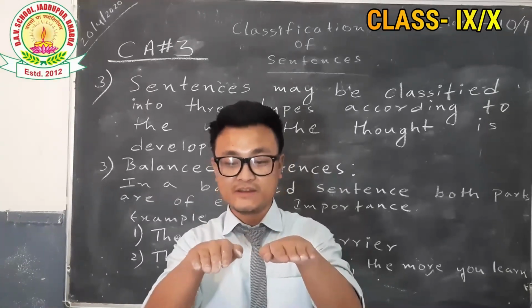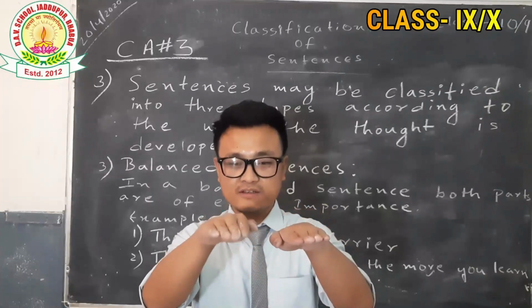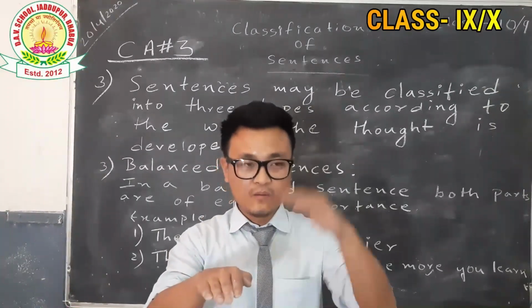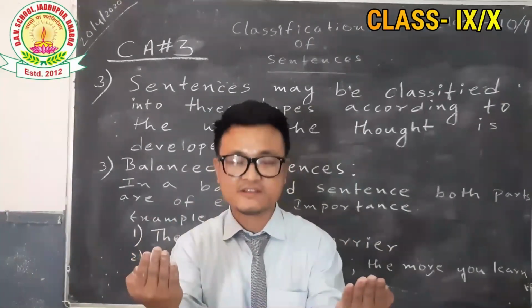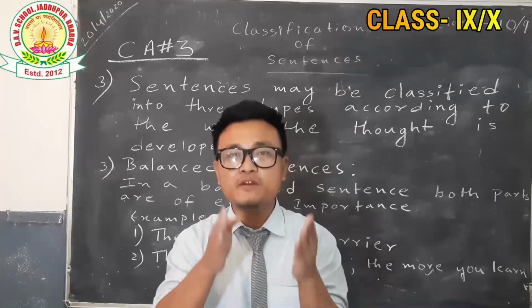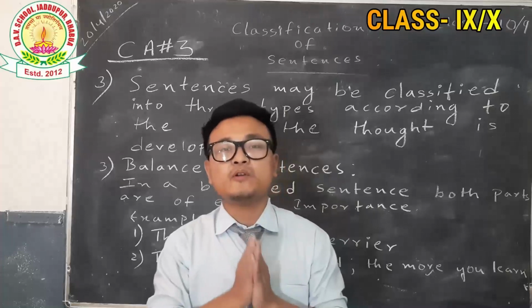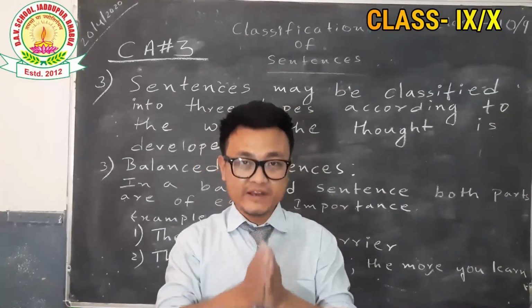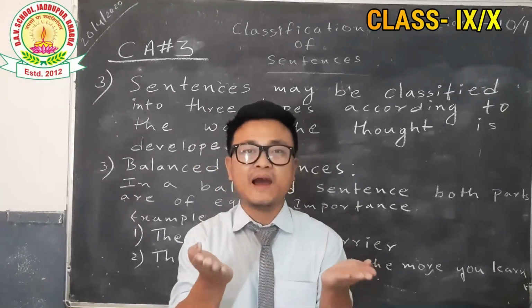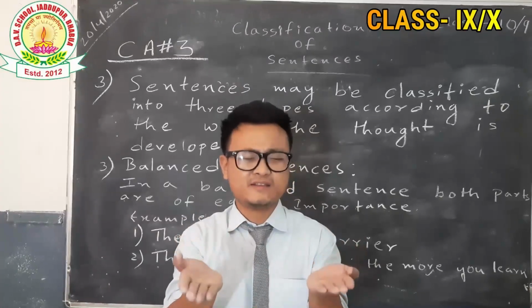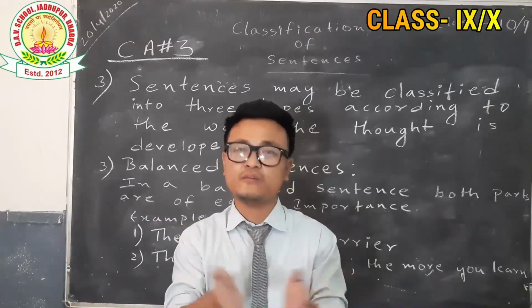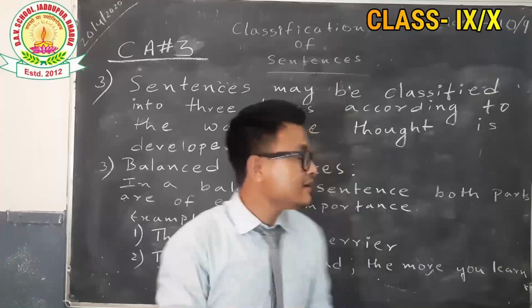One has more importance, another doesn't. One has a major idea, another doesn't. Then there will be no balance in the sentence. But when we talk about balanced sentences, we need to make a complete balance on both sides. It's just similar to a seesaw, which you used to play, I guess, right?